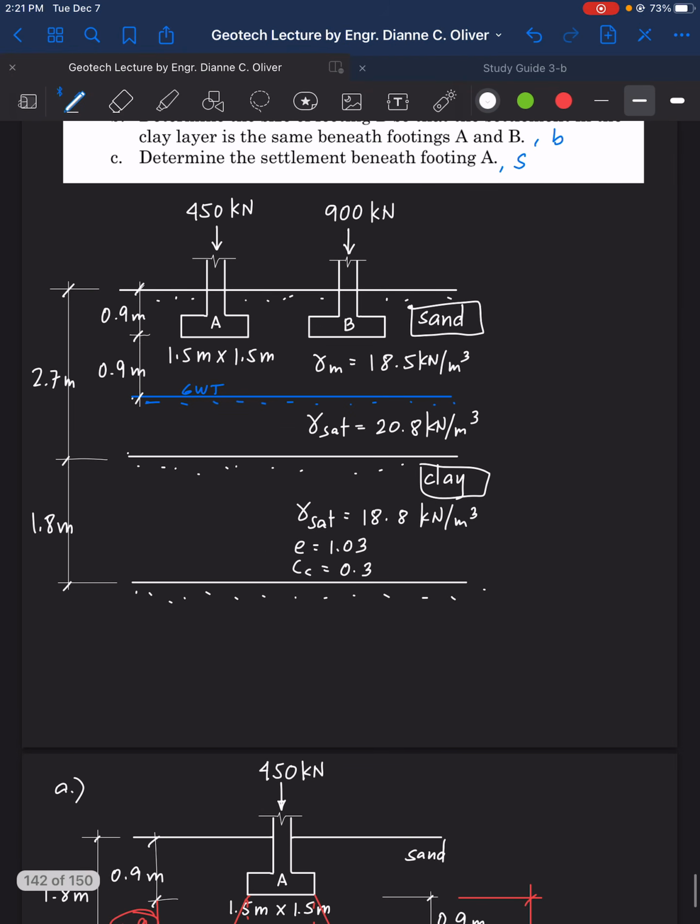So how do we compute for P sub O again at the middle of the clay layer? So we have gamma moist, so 18.5 multiplied with 1.8, plus 0.9, so we have here 0.9 obviously, times 20.8 minus 9.81 because we are looking for effective stress. Next, we have half. What's the half of this?